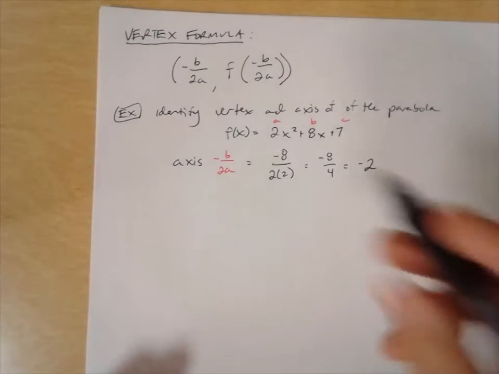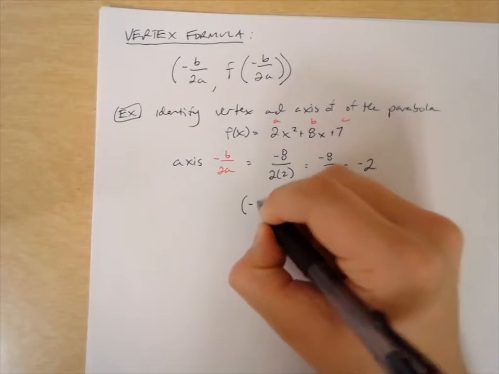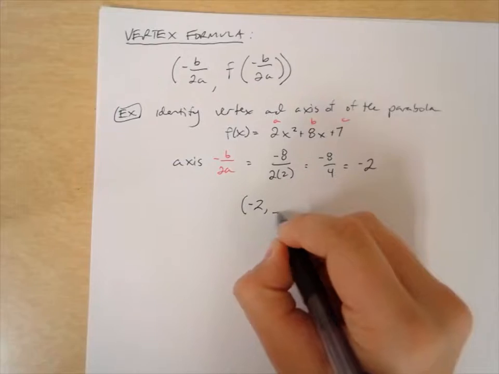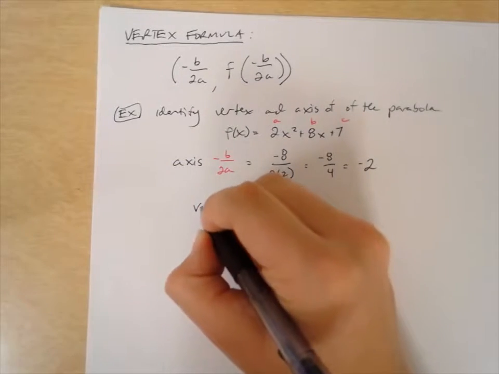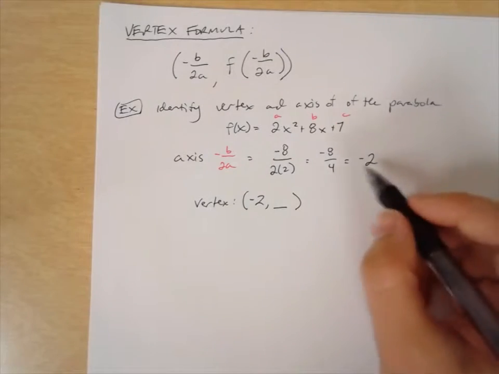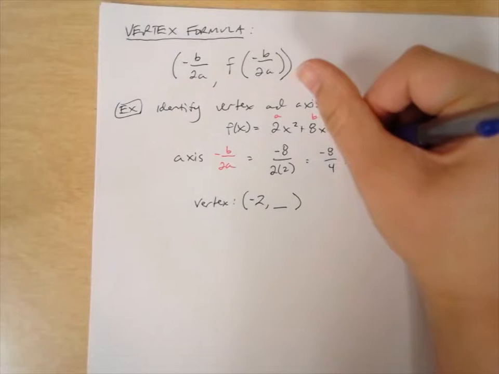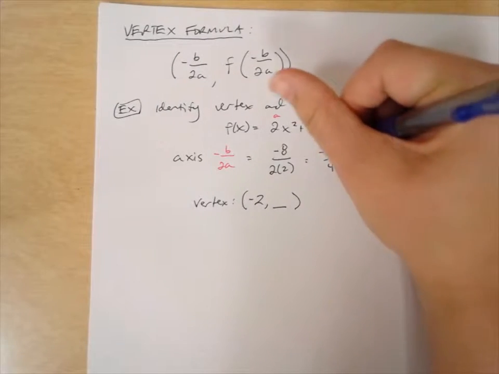Now, this is what we've found so far for the vertex. We have found the x coordinate of the vertex, but we still need the y. So to find the y, we're going to take this negative 2 and put it in here for all of our x values.